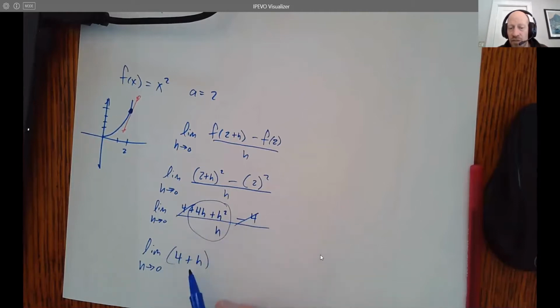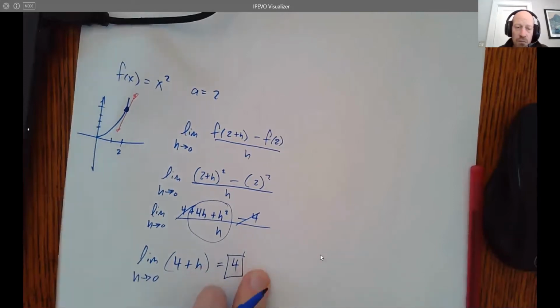This function and this function are not identical because this function doesn't exist at 0 and this function does. But their limits are going to be equal to one another because we don't care what's happening at 0 for the limit. These functions are the same everywhere else. As h goes to 0, this becomes 4. The limit of 4 is 4.